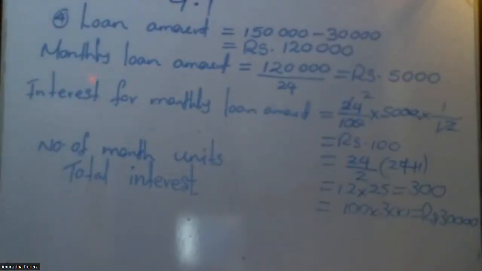Then determine total amount paid with interest. Add the loan amount, 120,000. We obtain the total interest, 30,000. The answer is again 150,000.